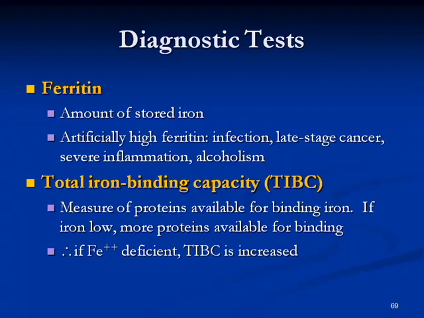Ferritin is the storage form of iron. And there are some things that can make it look artificially elevated. And then total iron binding capacity is really a measure of the proteins that are available for binding to the iron. So for example, that transferrin protein. So if iron level is low, there are more proteins available for binding because there's no iron on them, and that'll make the TIBC be elevated when somebody is low in iron.